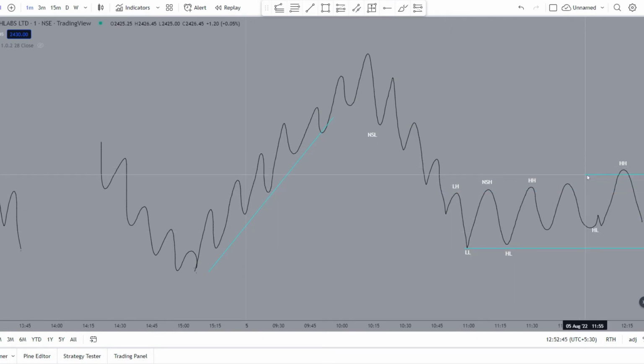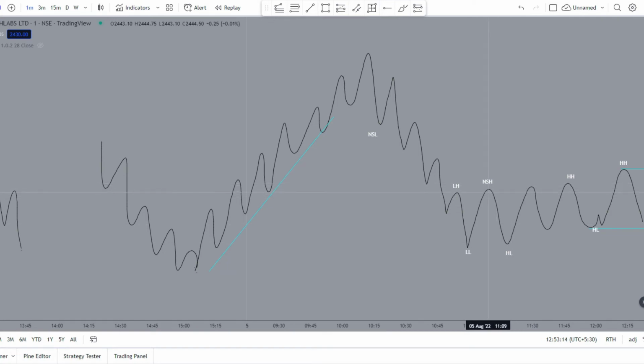All right. So we need to practice this thing and mark these structures: new structure high, higher high, and subsequent higher lows. You see, in the coming chapters, we will be getting to know the strength of this pullback. If a new structure high has been made and the trend has changed, we expect a pullback.